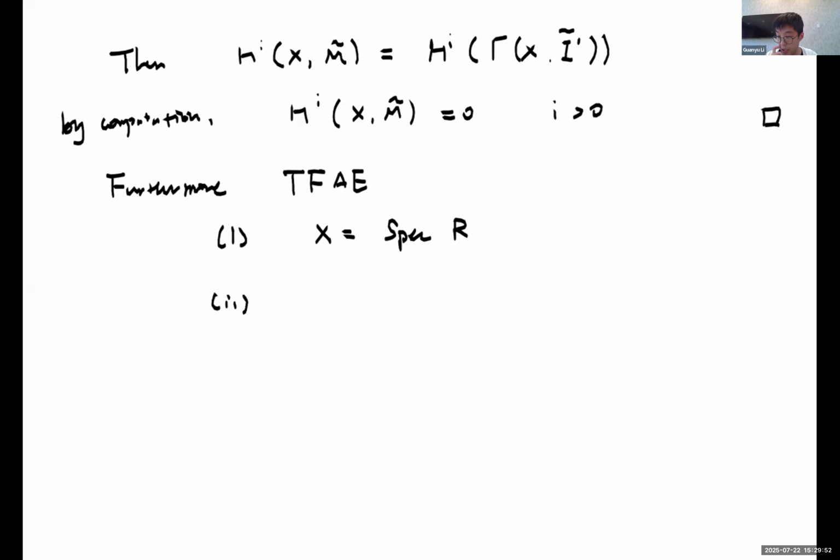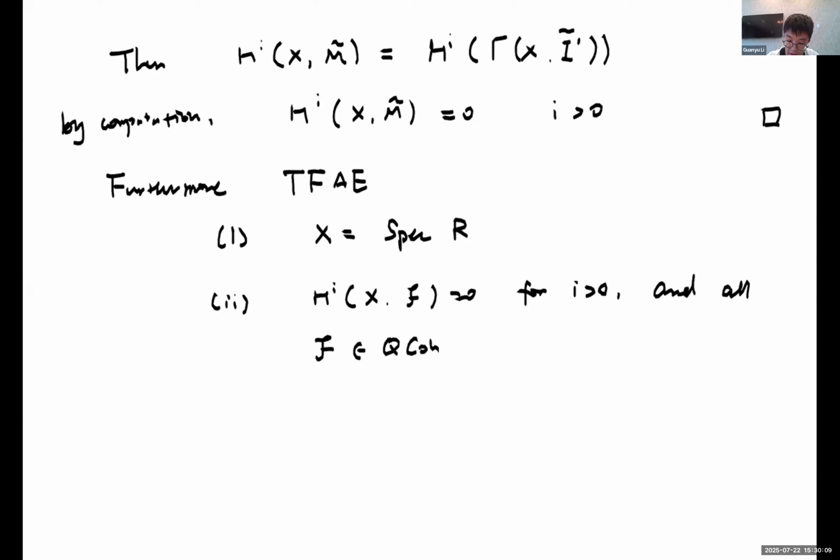The second is that higher cohomology of X is 0 for i bigger than 0 and all quasi-coherent sheaves on X. And you see, the higher cohomology does tell you something about whether this scheme is affine or not by the second property. Any questions before I move on to the next part?